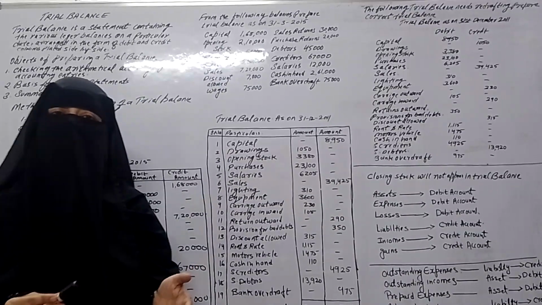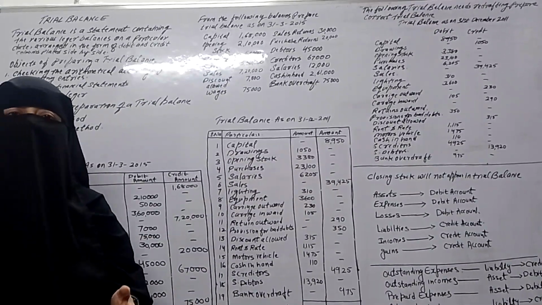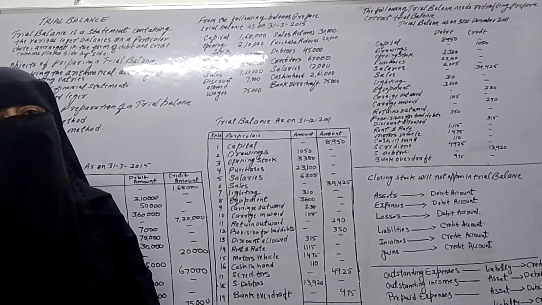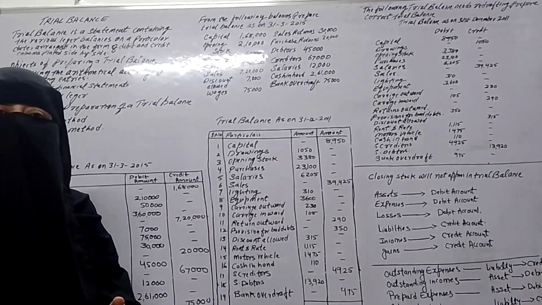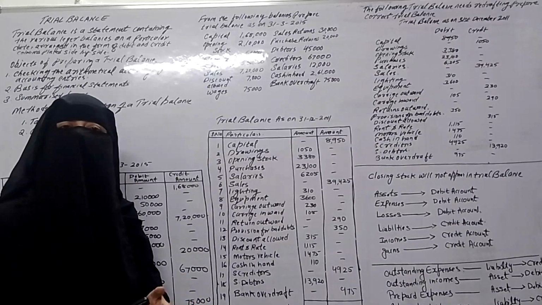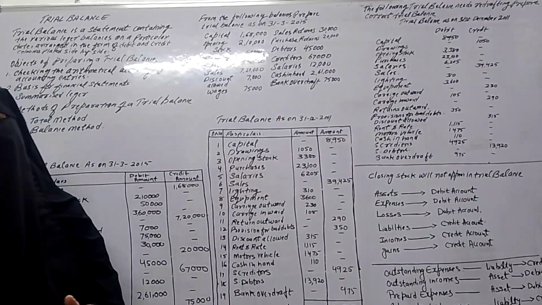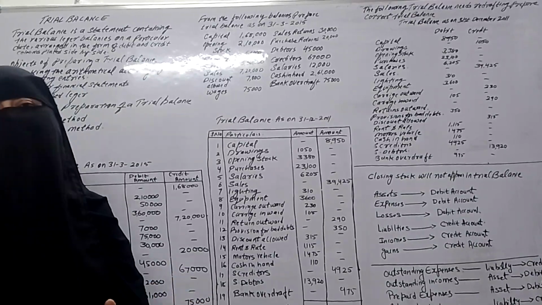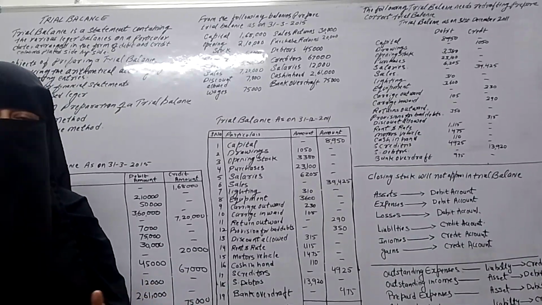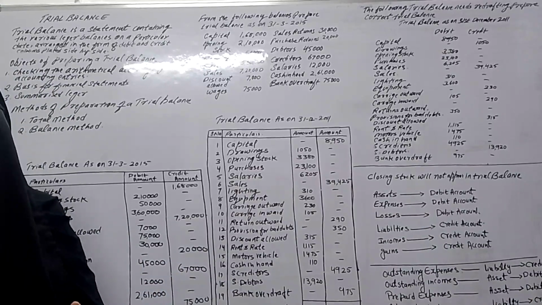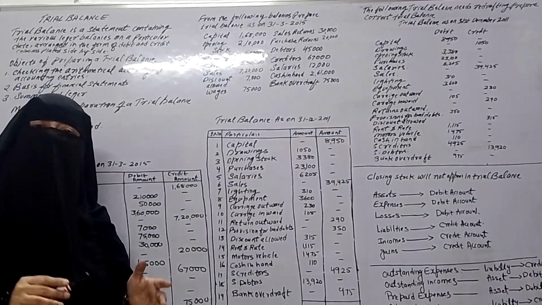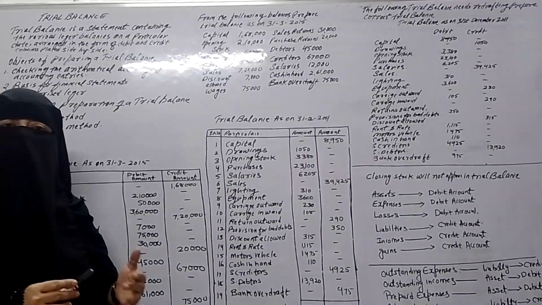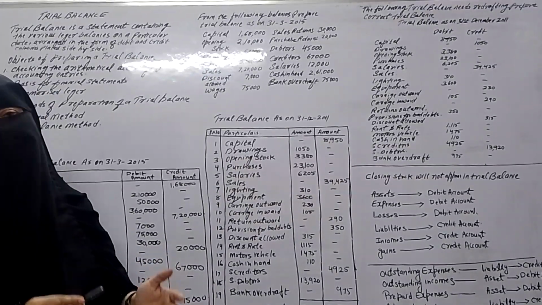So preparation of financial statements is based on a statement. That statement is called trial balance. Trial balance is a statement containing the ledger balances on a particular date, and all the debit and credit ledger balances we will find in the trial balance. Trial balance is a base for preparing the financial statements.